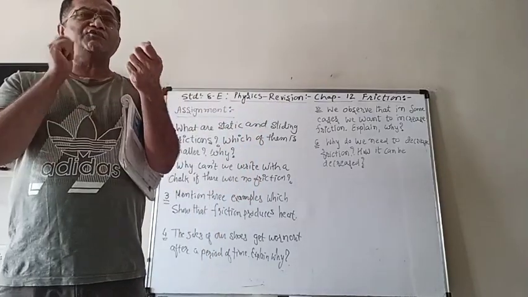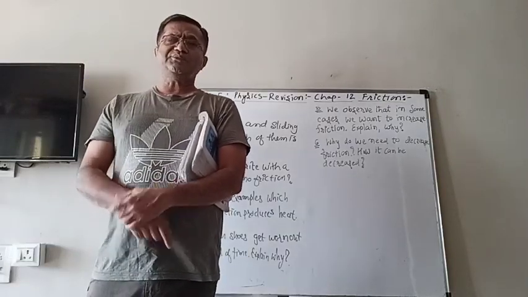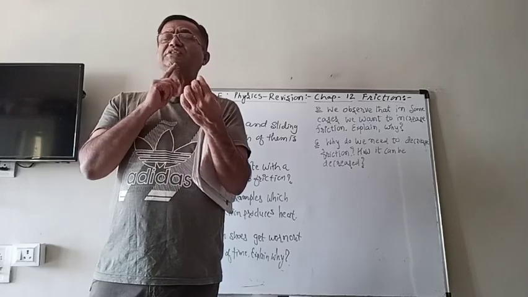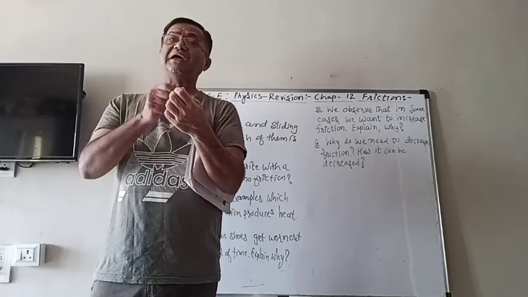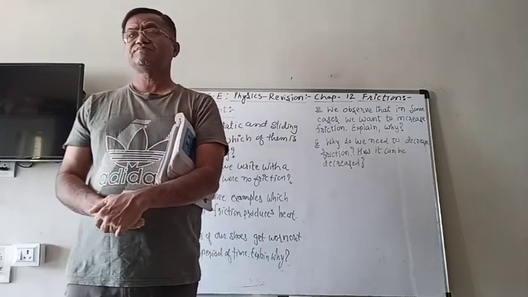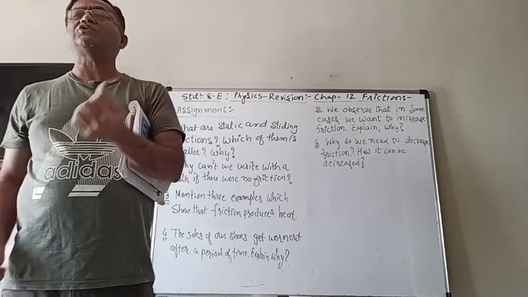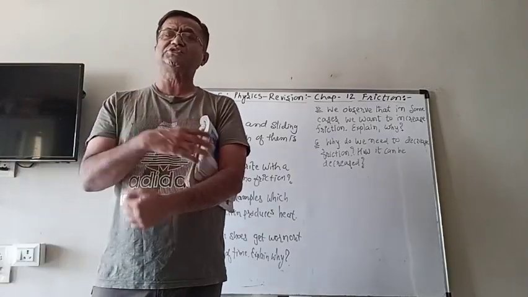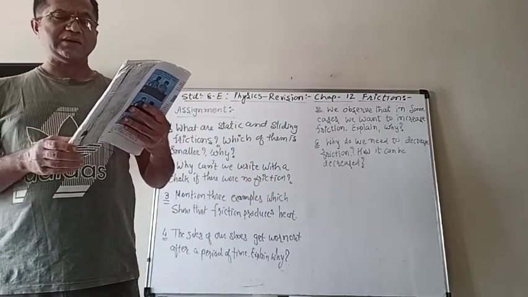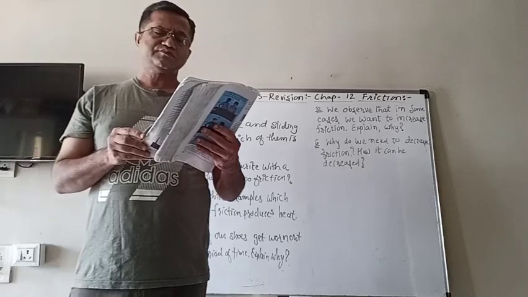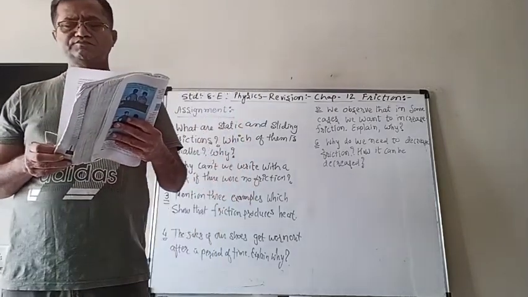Similarly, when we want to fix a nail in a wooden plank, if there is no friction between the nail and the wooden material, then the nail won't be fixed in it. Because if there is less friction, the nail will come out again, because it's a smooth surface. So the nail also can be fixed only because the force of friction is there.